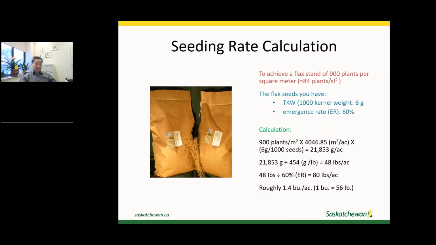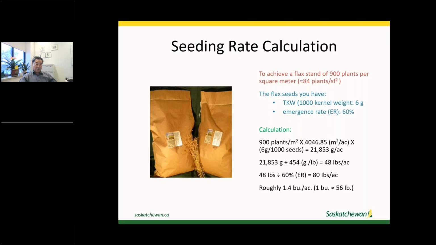That's all the weight you need to seed an acre of land. Step 2, convert these grams into pounds by dividing by 454, and you get 48 pounds per acre.